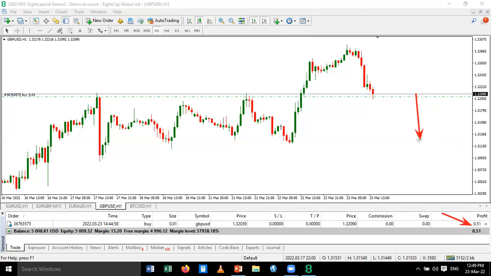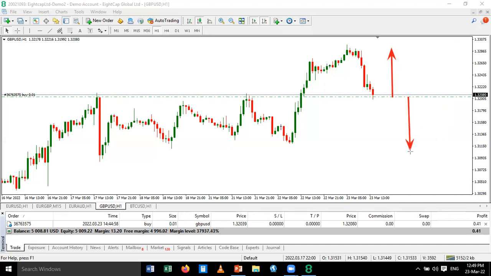Assuming it has gone below my green dotted line, what you have on that profit will be a negative, that means I am incurring a loss. So since I am buying, I make profit upwards from here. And I make losses downwards from here. Since I'm buying, I'm going long.